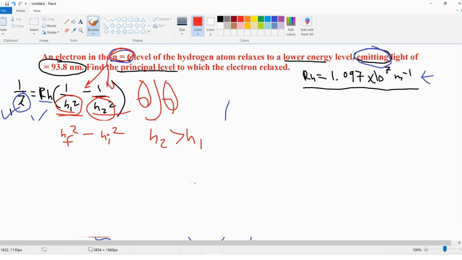So that's why n1 is always on this side. I think I explained this, because that's the lowest number we have. So we need to find where it came from, basically.